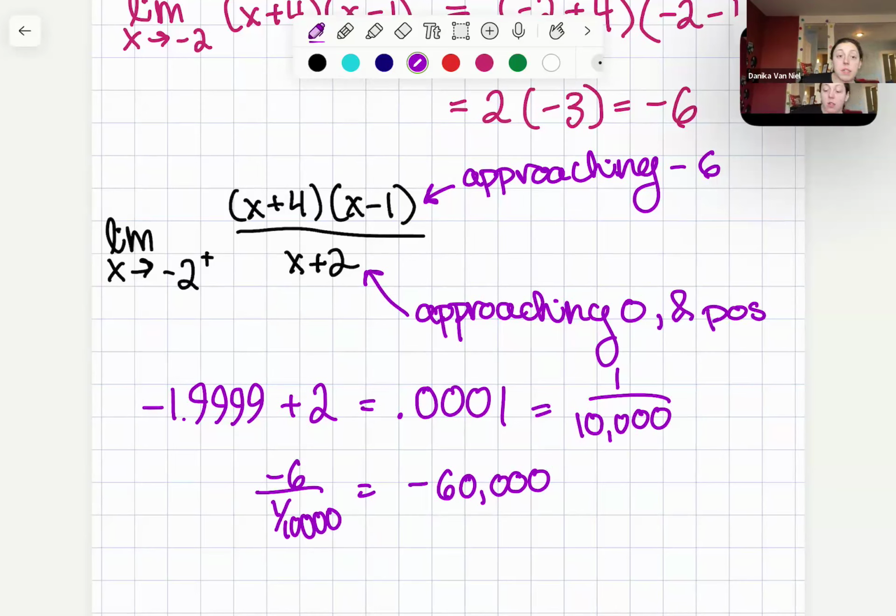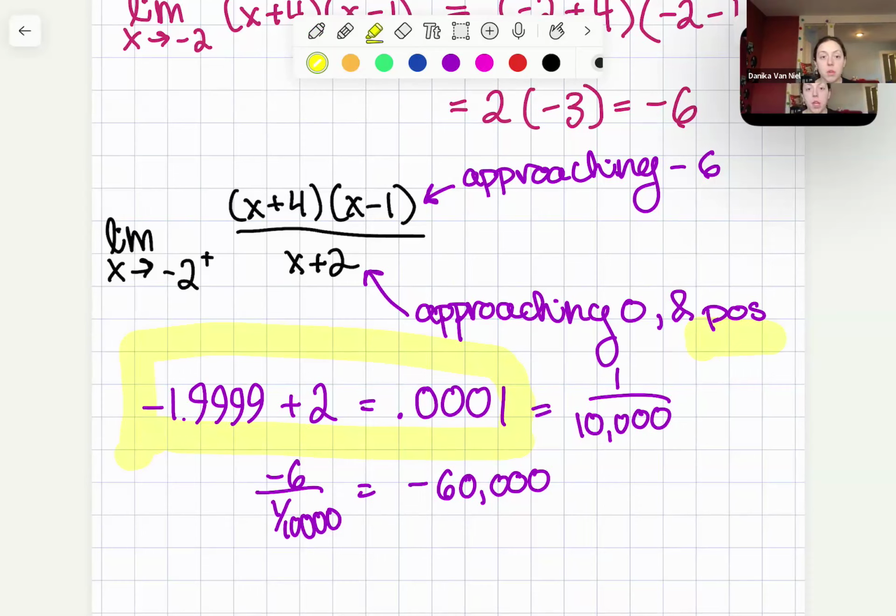So really, what I would do is write this out for me to remember, okay, yeah, positive. And then this other part is just helping me remember that as my denominator goes towards zero, my whole thing explodes either to positive infinity or to negative infinity.